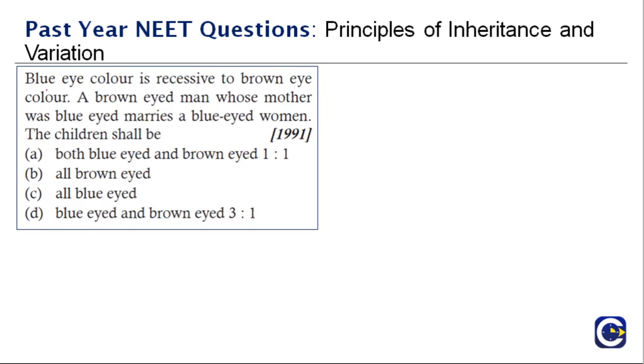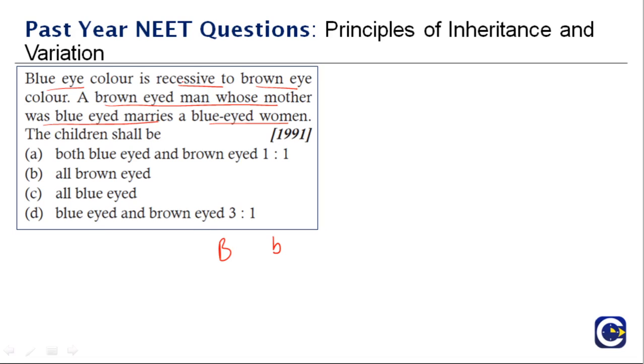Next: blue eye color is recessive to brown eye color. So this is blue eye color and this is brown eye color. A brown-eyed man whose mother was blue-eyed marries a blue-eyed woman. The children shall be... So, a brown-eyed man. Brown eye color is dominant.